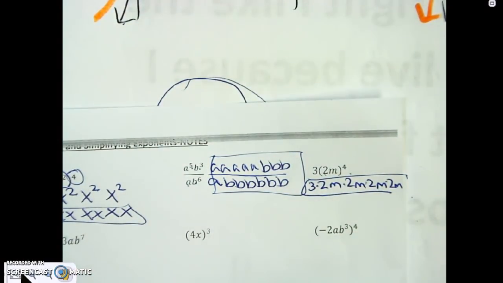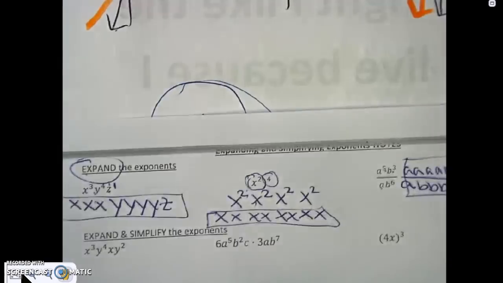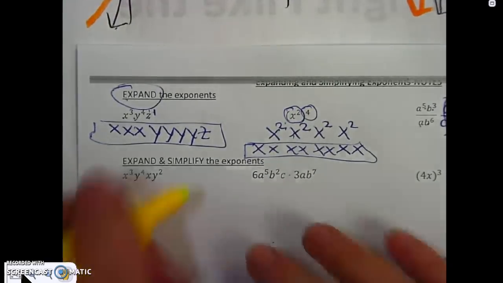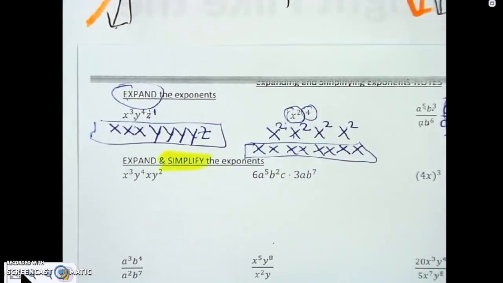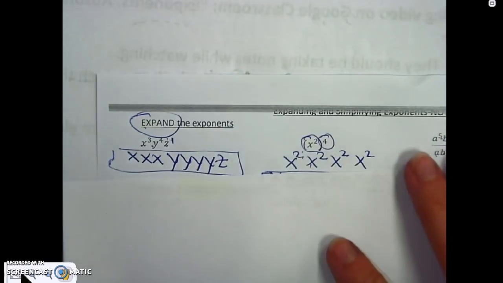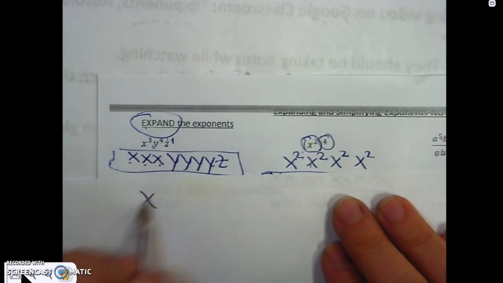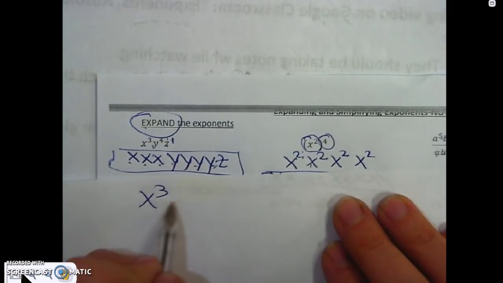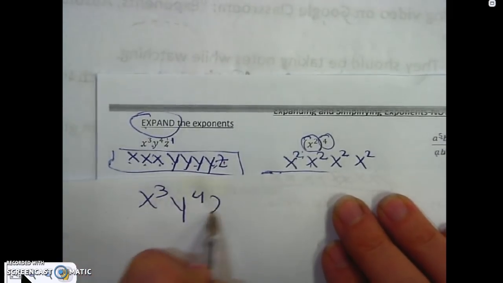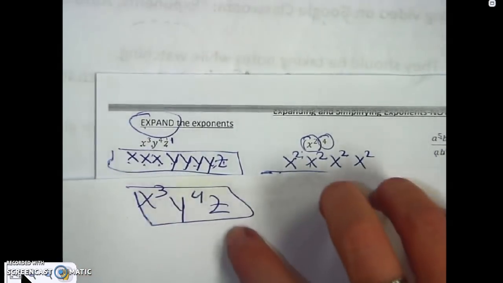Okay, expand. Now, if I say expand and then simplify, I'm going to show you what I mean in each of these problems. So if I was to do this problem, this would be 1, 2, 3, 1, 2, 3, 4. This is simplify. Let's go to this one.